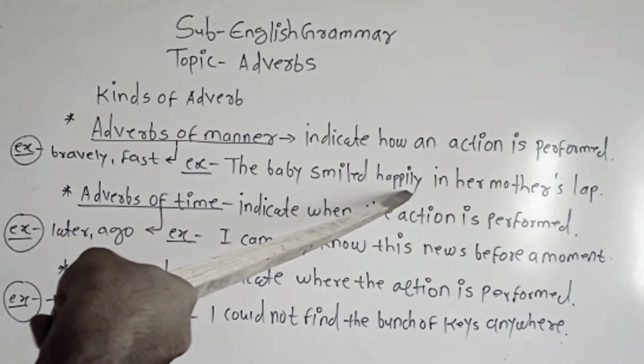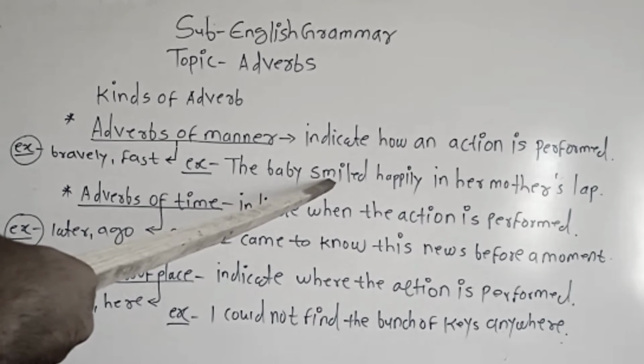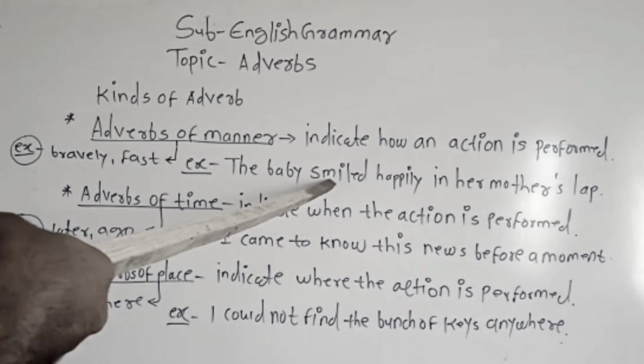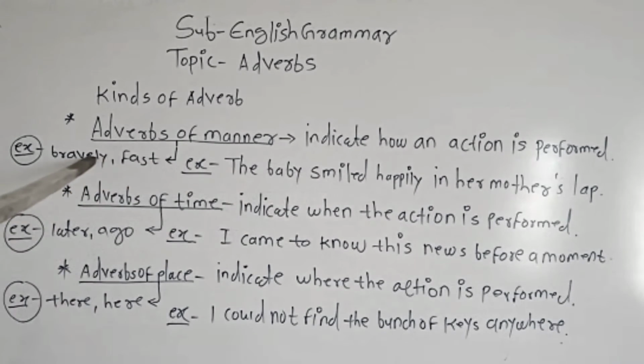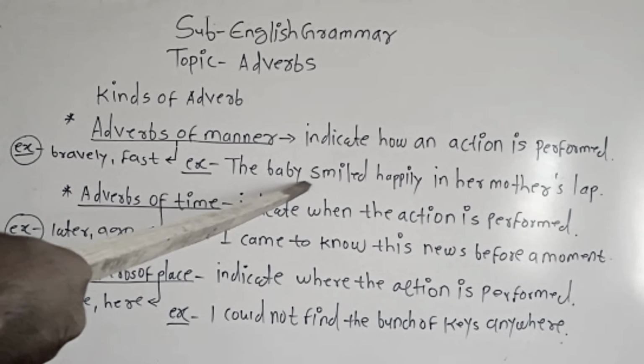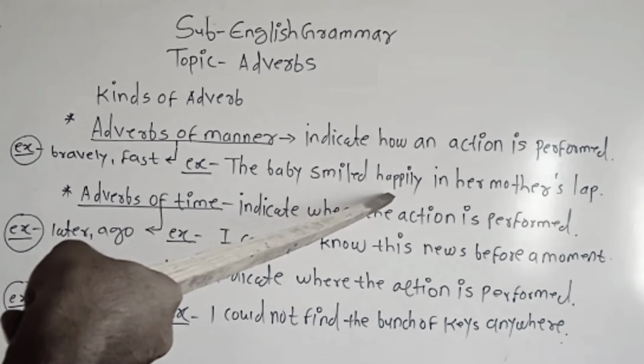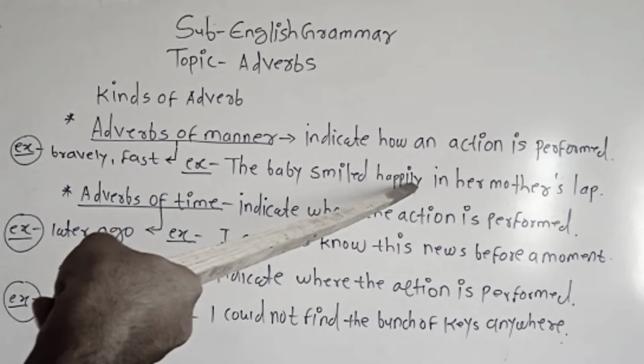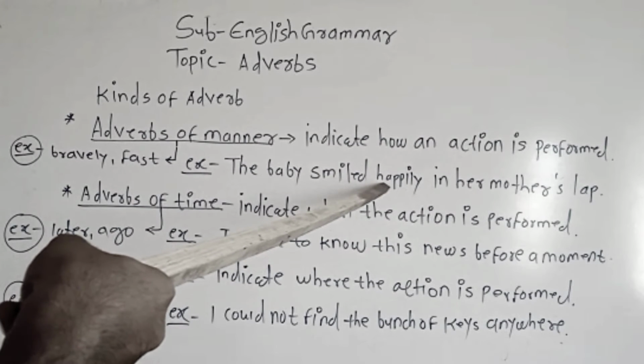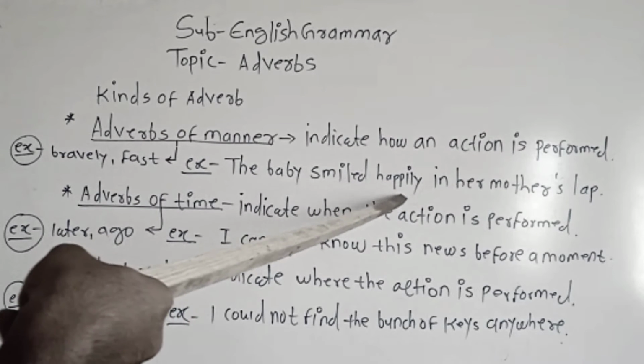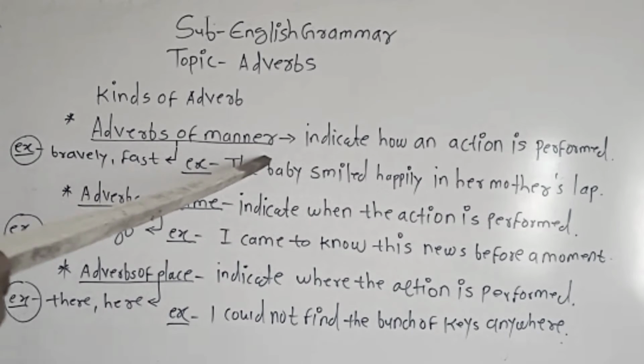So happily modifies the verb smiled. Then here are some examples: bravely, fast. And you know what, students, adverbs of manner can be made by adding ly at the end. For example, happy, you can add ly at the end, so it will become an adverb of manner.